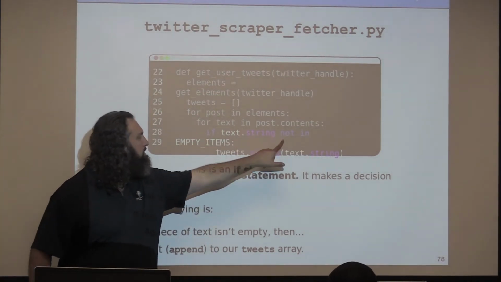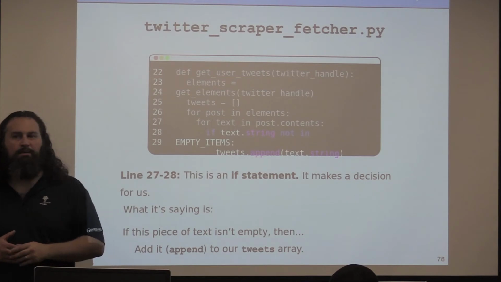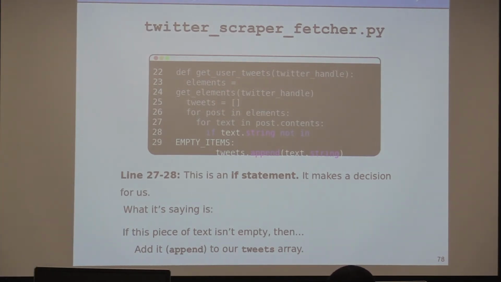If it's not in empty items, so this is the same thing as saying if this text is not in the text, we need to append it to that list. And yeah, make sure that's all one line, and let me know if you're having any issues with that.